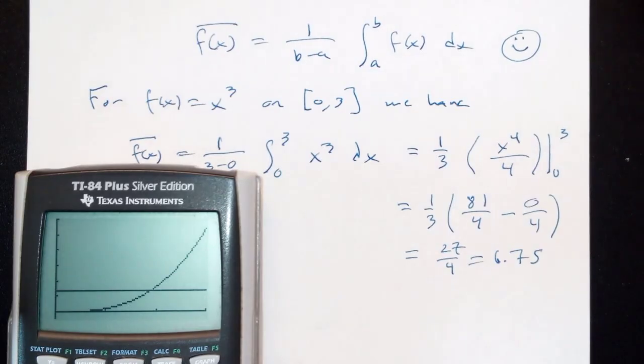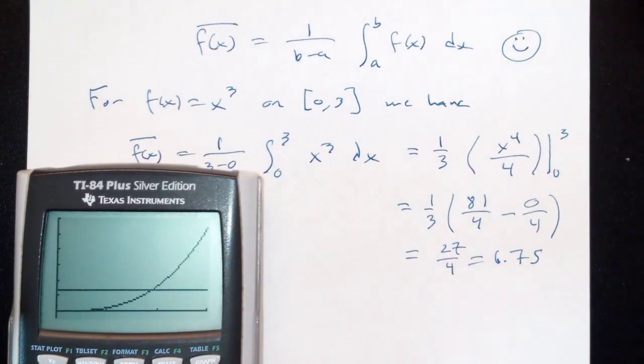If you had made this shape, x cubed, out of ice, and then let it melt, the water would be 6.75 high. Our average value makes for us a rectangle whose area is exactly the same as the area under this curve.